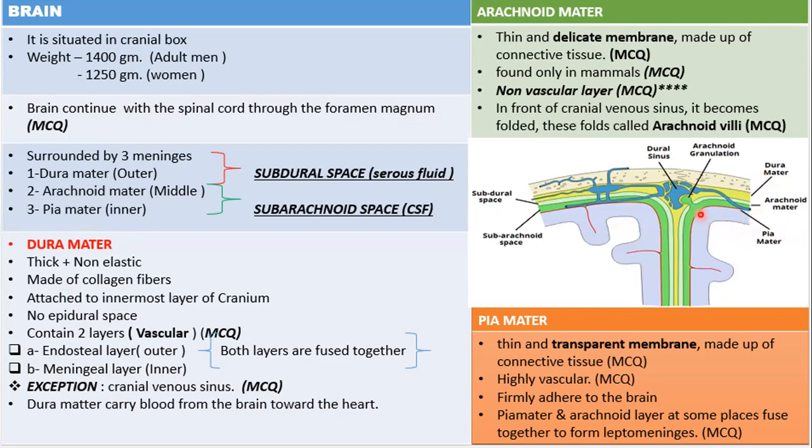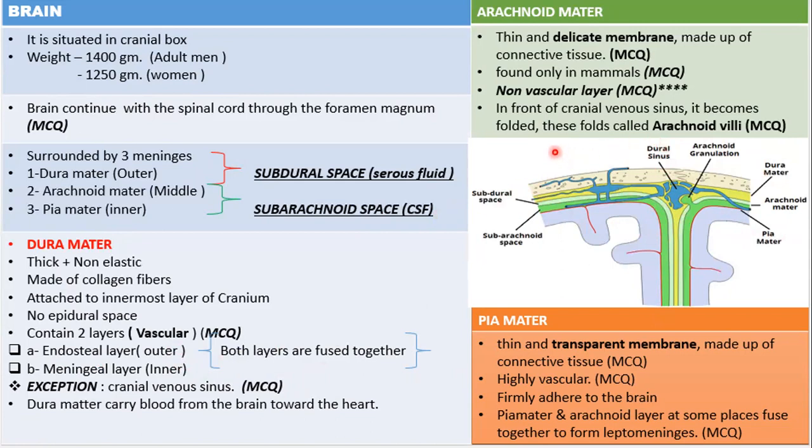We have already seen that there is the cranial venous sinus, which happens when these two layers do not fuse together. So in the arachnoid part, when these two layers do not fuse, they form the arachnoid villi, and the function of these villi is to reabsorb the cerebrospinal fluid from the subarachnoid space and pour it into the cranial venous sinus.